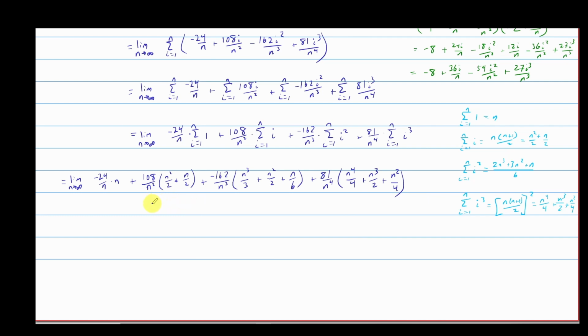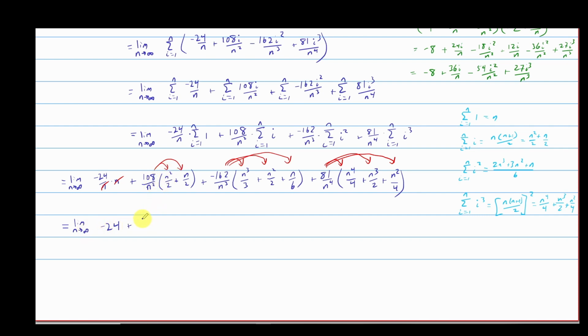A couple more steps. This first one I can just cancel the n's and we're good. The next one I'm going to distribute. And distribute. And distribute. So the negative 24 is just there.